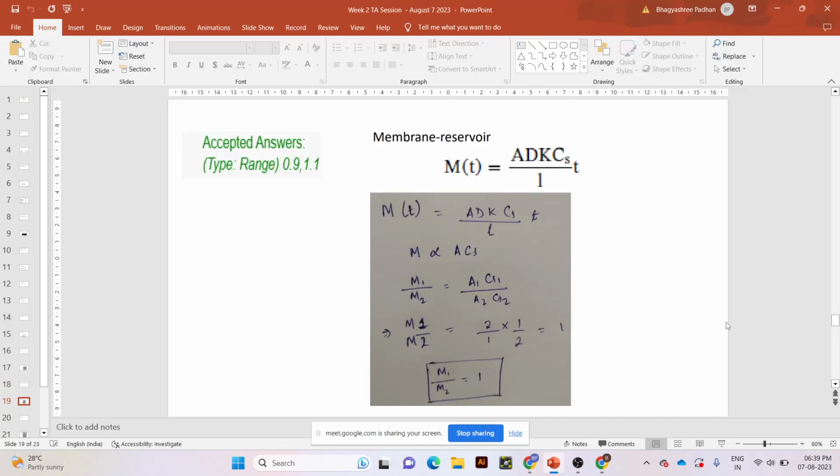So the answer is 1. This is the equation that is used in the membrane reservoir systems, where m is the mass of the drug released, A is the area, D is the diffusion coefficient, Cs is the loading concentration, L is the length, and t is the time.